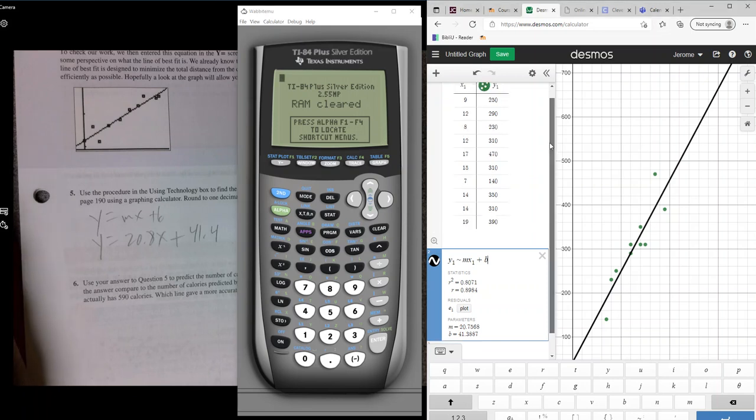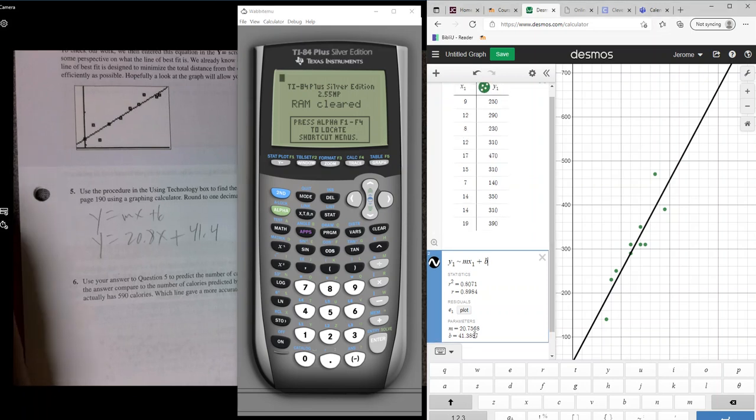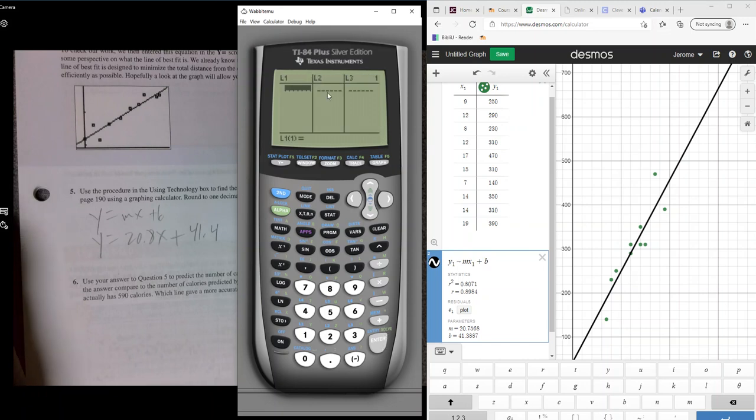First thing, I would have to press stat. And then as you see edit, I'll press enter. And then we had L1 and L2. L1 represents X, L2 represents Y. So now we would type in the values. We had 9, enter, 12, enter, 8, enter, and then we type in all of the rest and press enter after each number, and especially after that last number.